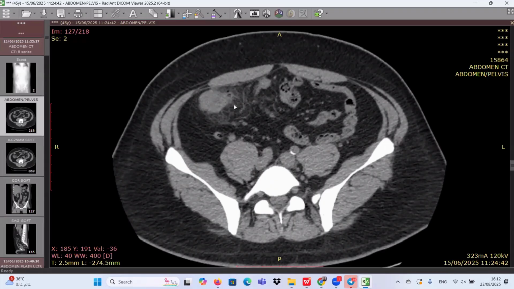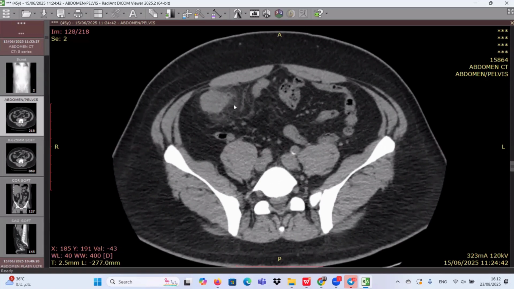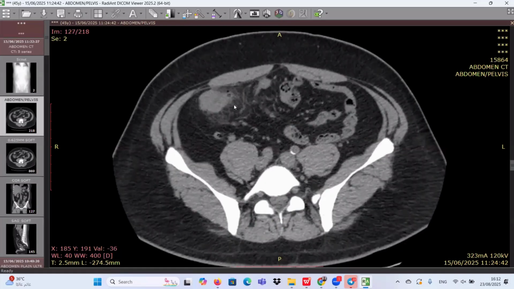Please take care of this point, because when I started to report this case, I thought at first that it may not be perforated, but when I focused again on this abnormality, I found this extraluminal gas pocket. So we have acute diverticulitis complicated by micro perforation or sealed perforation. At least you can say this.